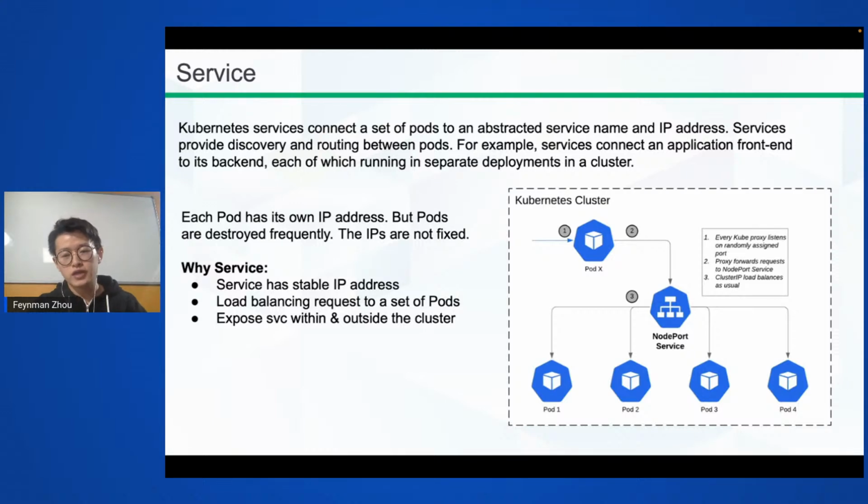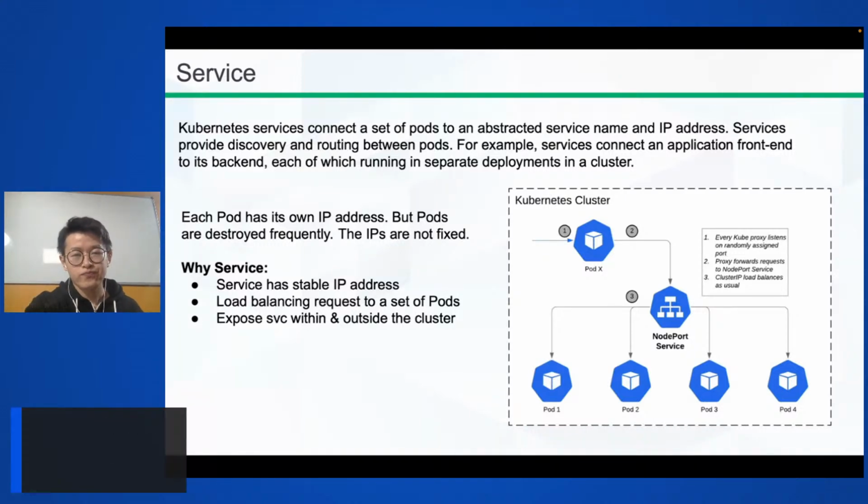So why do we need a Kubernetes service? I think the typical reason is that each pod has its own IP address, but pods are destroyed frequently. That means their pod IPs are not fixed. The IP will change if Kubernetes recreates a new pod. So we cannot tell our users they can access the pod IP directly.